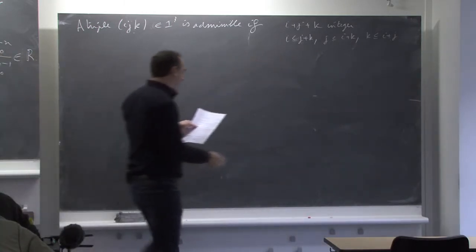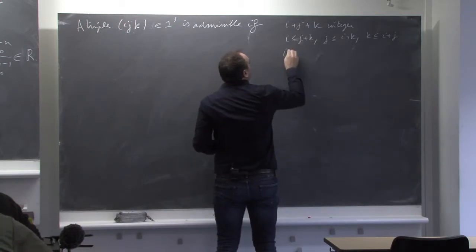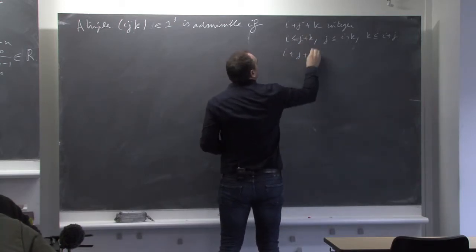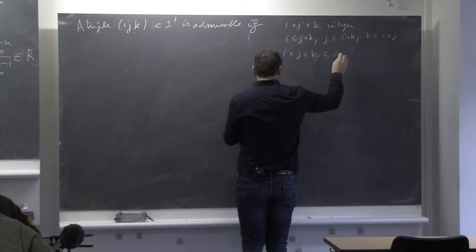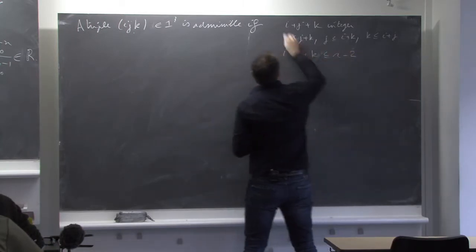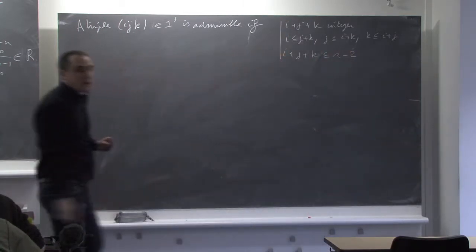And this integer, i plus j plus k, is less than r minus 2.